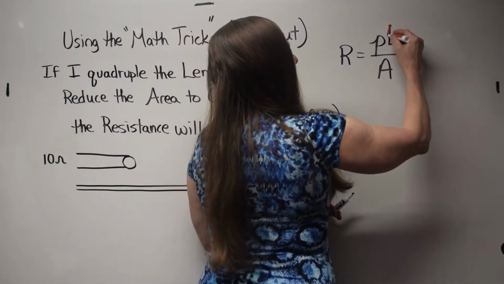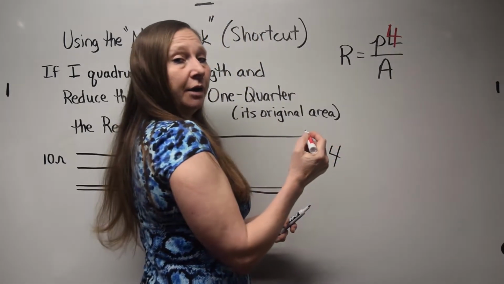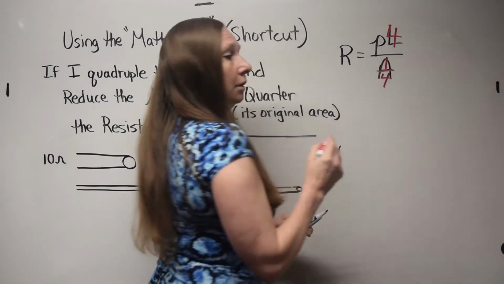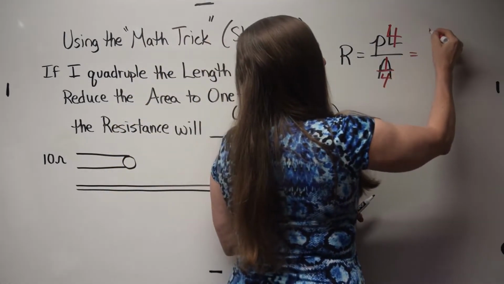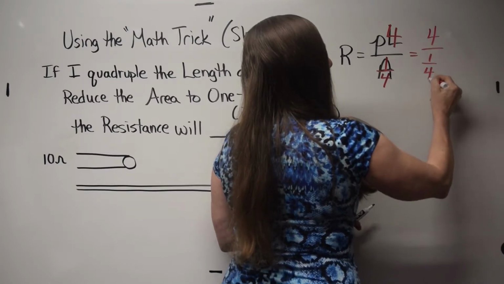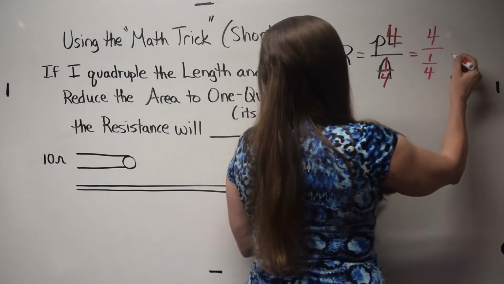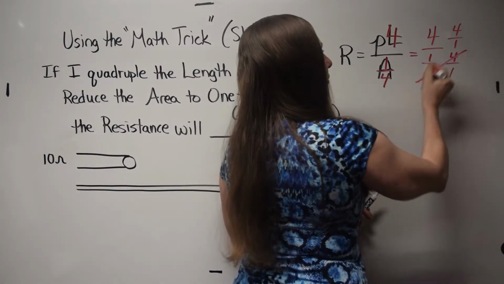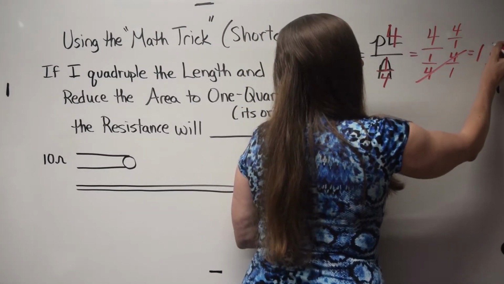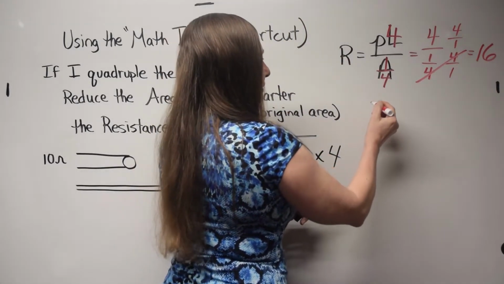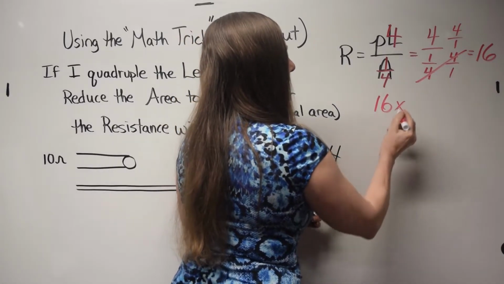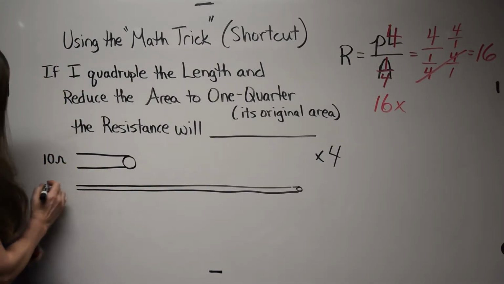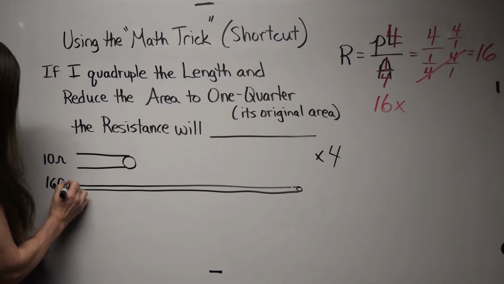So here we go. All right, up here. If I multiply the length by 4, the length is now 4 times, and the area is 1/4 of what it was, then what we have is 4 divided by 1/4. All right, I can simplify this. I invert and multiply top and bottom. This cancels. 4 times 4 would be 16 times. All right, so the resistance would be 16 times what it originally was. The resistance, instead of 10, the resistance of this one would be 160 ohms.